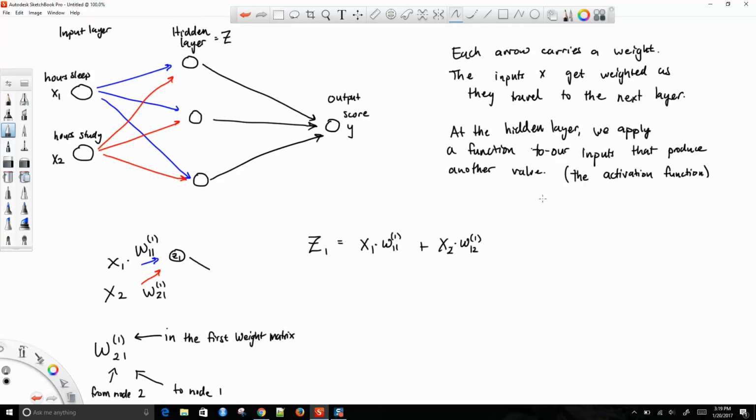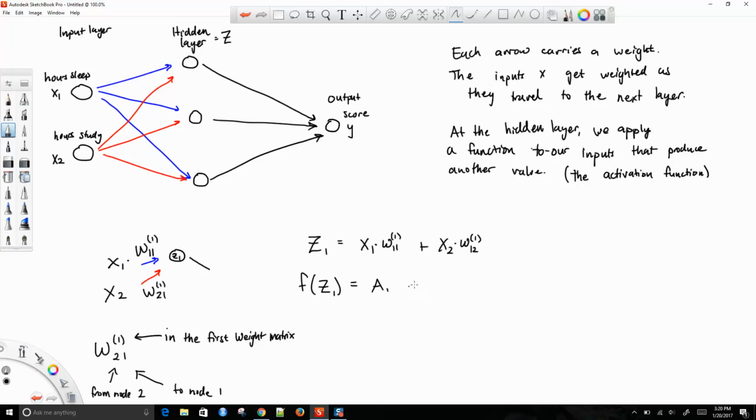Okay, so this is what gets sent over here, and then we apply a function to this. We just say function of this thing, and we get some output there.